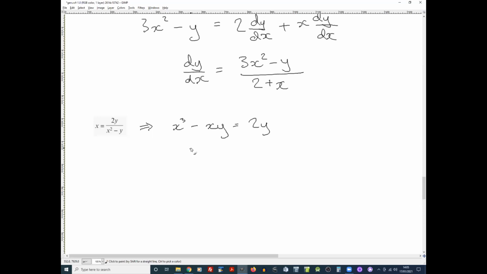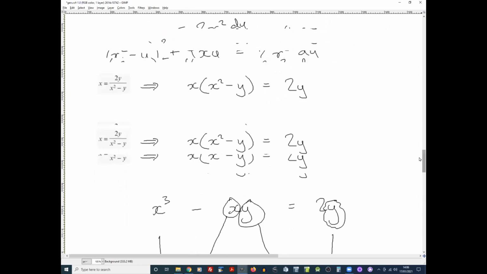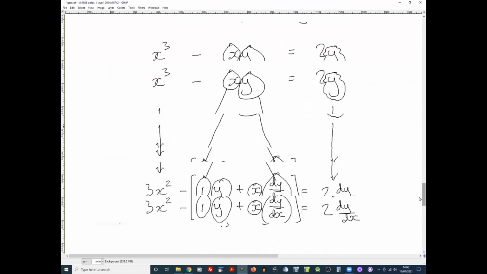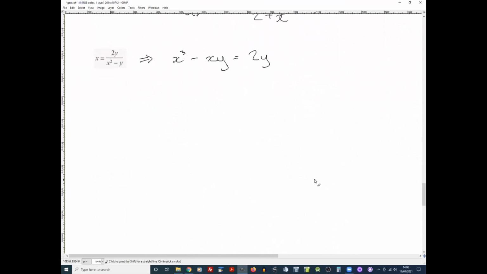Could you make x the subject? Should we try? I can't see a way of making x the subject. Can you see a way of making y the subject? Yes. What's been your good strategy all day to get dy dx on the right-hand side when you were trying to make dy dx the subject? If we're trying to make y the subject, let's get the y terms on the same side.